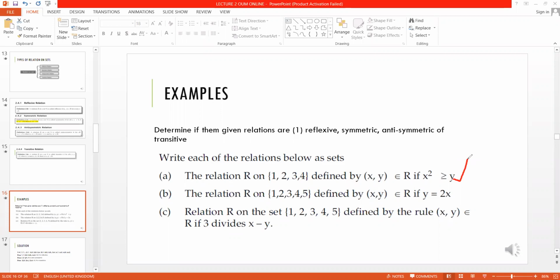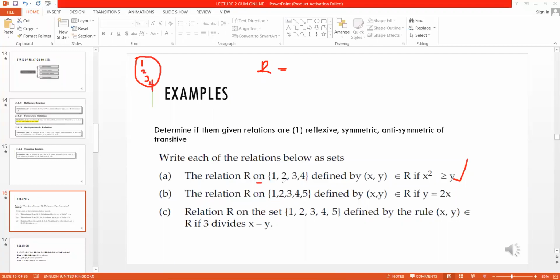Okay, so for question 1, first you need to get your set of the relation R. The rule says X squared should be greater than or equal to Y. X is 1, 2, 3, and 4.